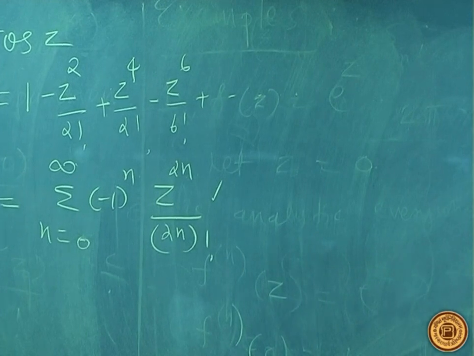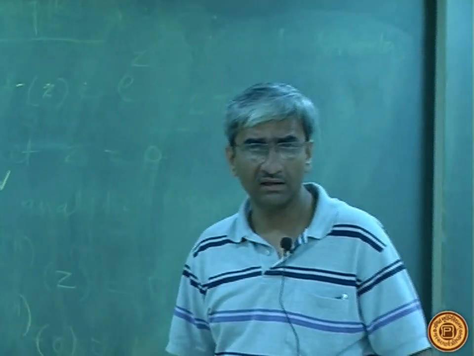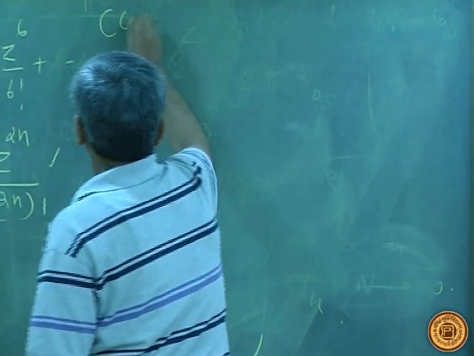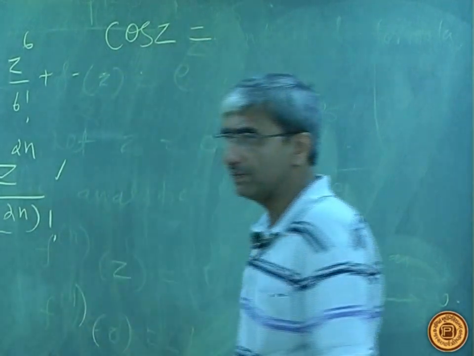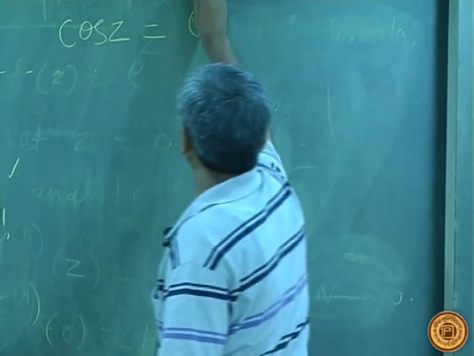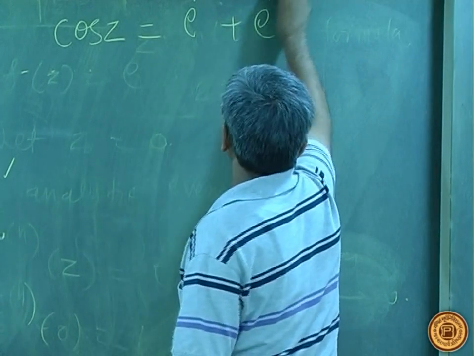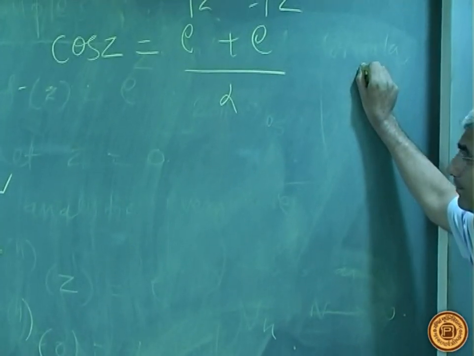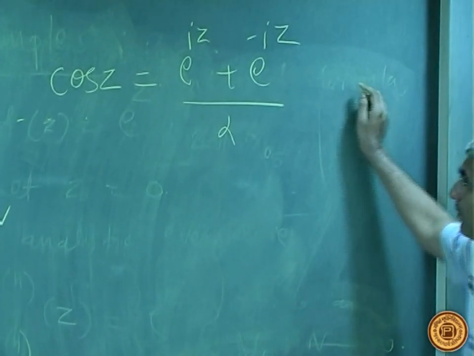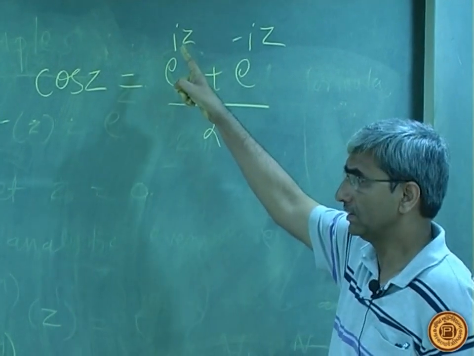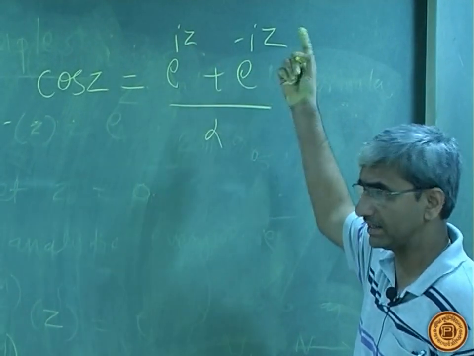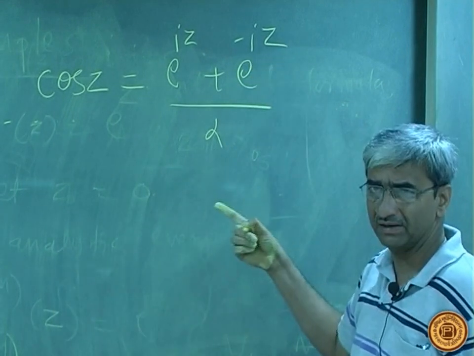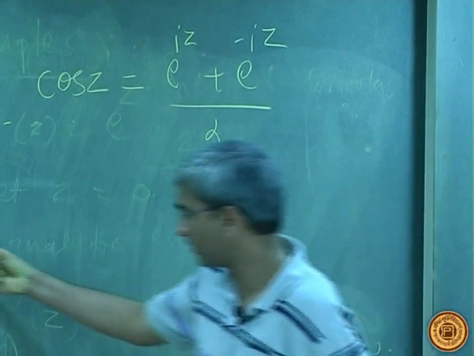Another way is that you can write cos z in terms of the exponential function. You know the formula. What is the formula for cos z in terms of e power z? It is e raised to iz plus e raised to minus iz upon 2. We have done this long back. Now you have the formula for e to the power z, so you can put z equal to iz and z equal to minus iz, manipulate, and you will get another way of obtaining this.